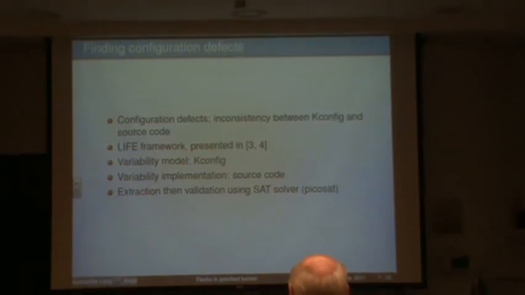They extract both, transform them into Boolean formulas, and then use a simple SAT solver, for instance PicoSAT, to check for inconsistency. It allows them to find dead code or undead code, on one architecture or on all architectures.